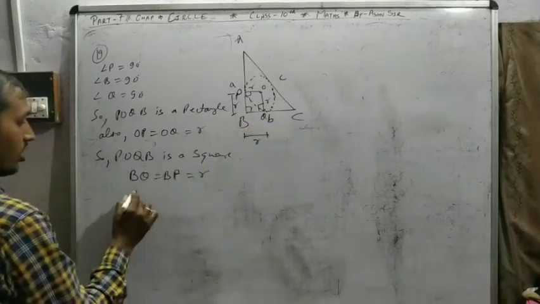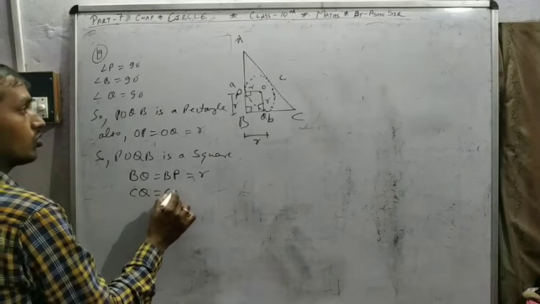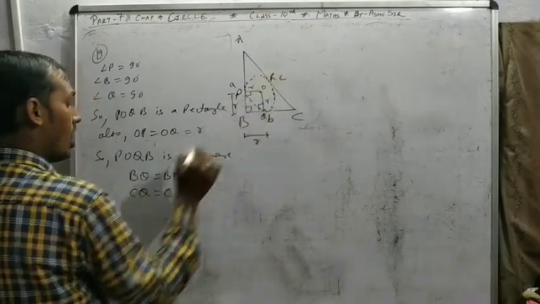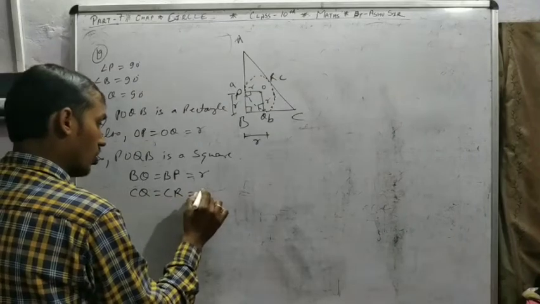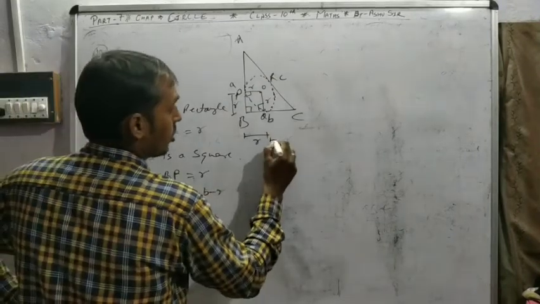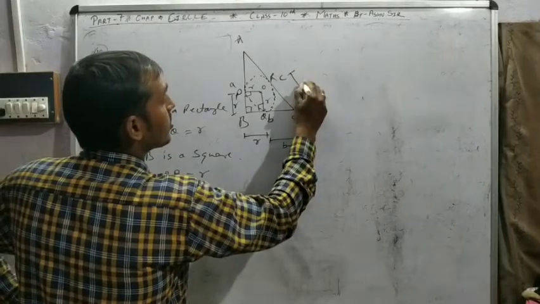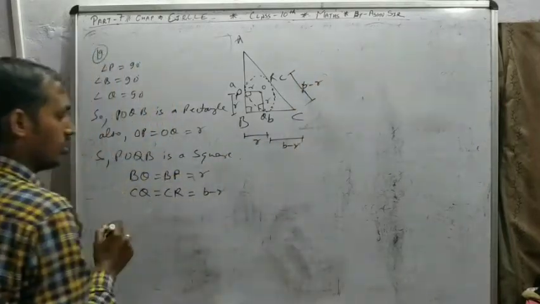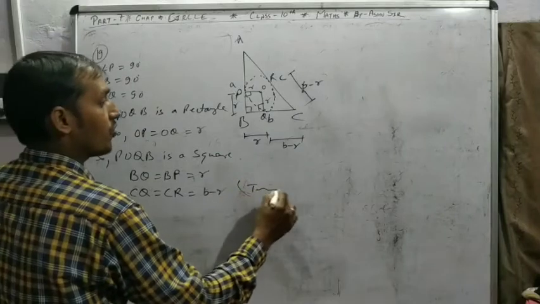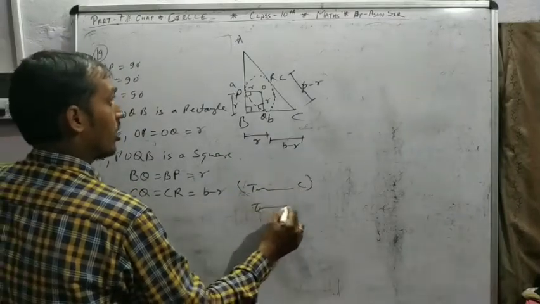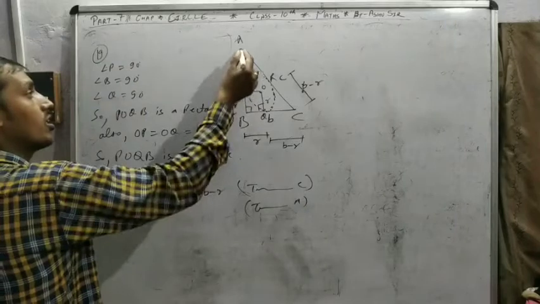Here you can say CQ is equal to B minus R, because this part is B minus R, this part is B minus R. Tangent from C, tangent from A, same logic.